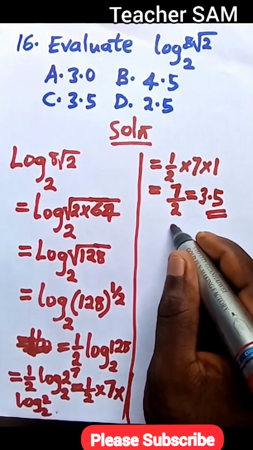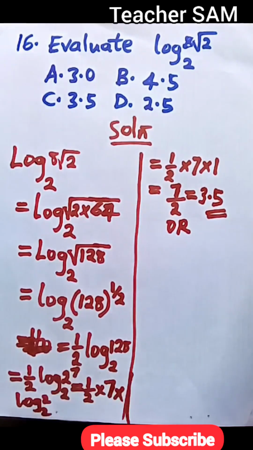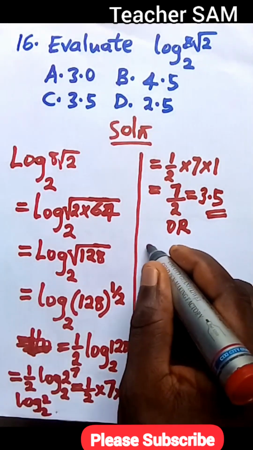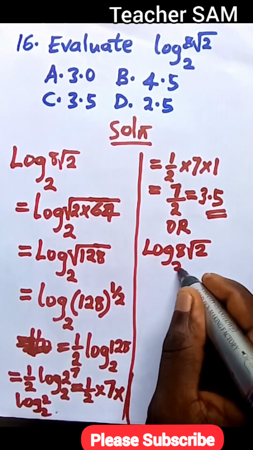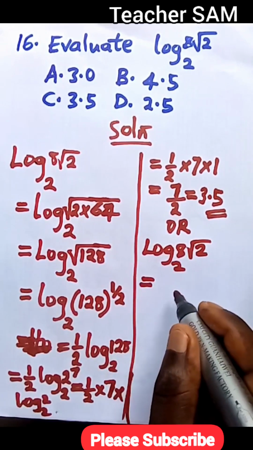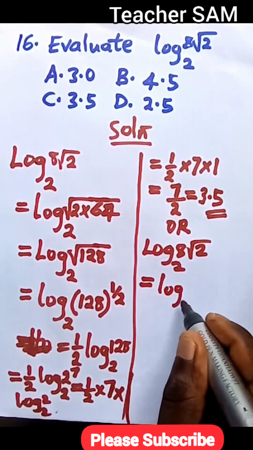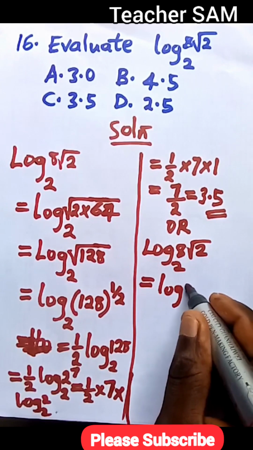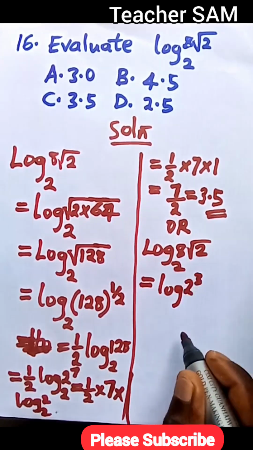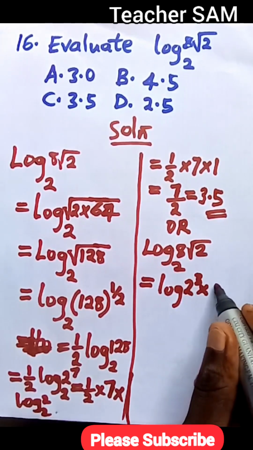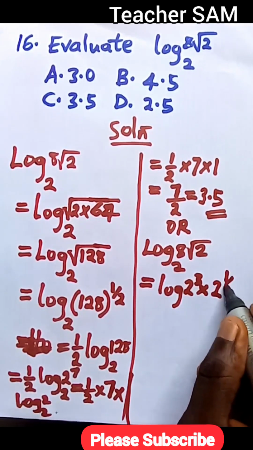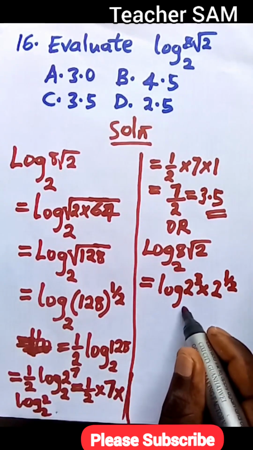Remember I said we are going to solve it using two approaches, so let's look at the second approach. Log 8 root 2 to base 2 is the same as log of 8, which is 2 raised to power 3, times root 2, which is 2 raised to power 1 over 2, to base 2.